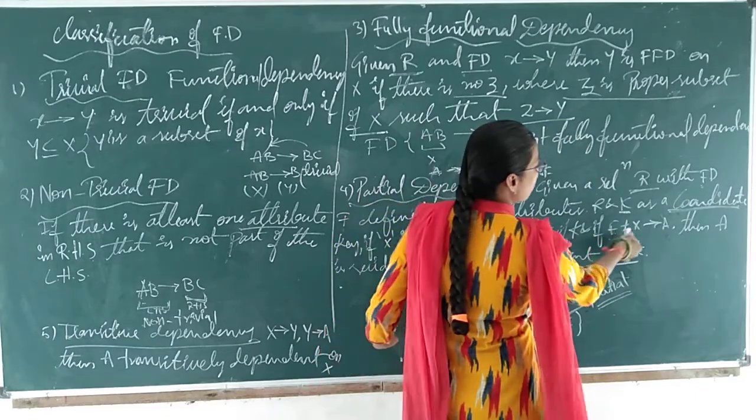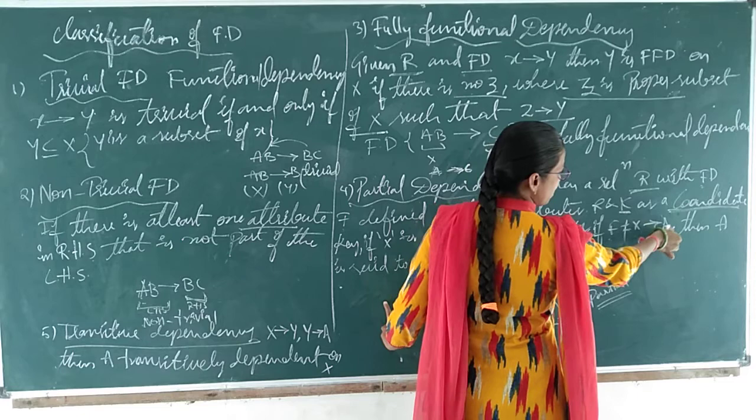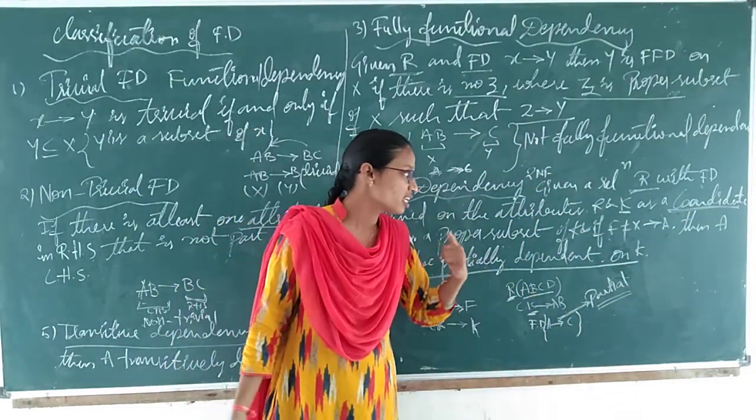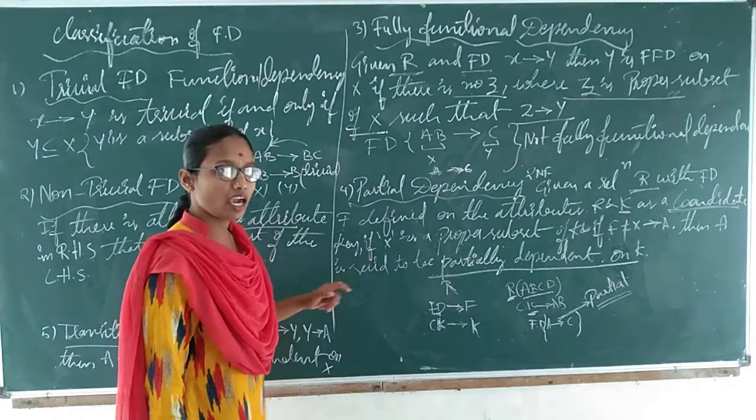Then A is said to be partially dependent on K.